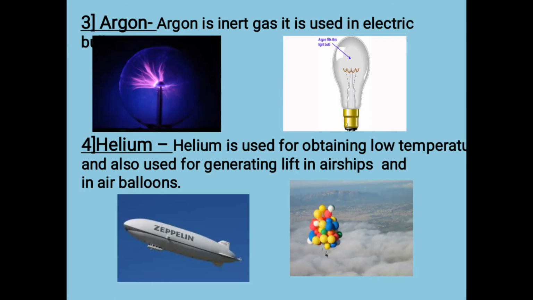Argon. Argon is an inert gas. It is used in electric bulbs. Helium. Helium is used for obtaining low temperature and also used for generating lift in airships and in air balloons also.